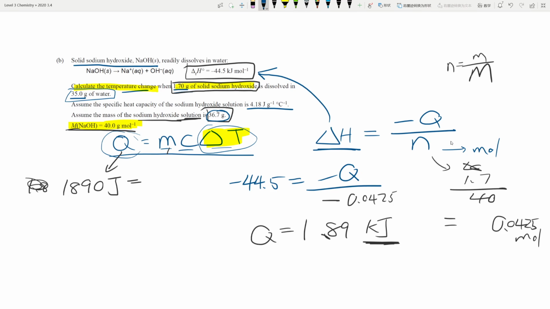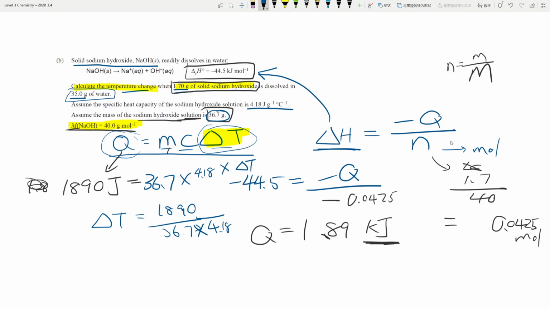So 36.7 times C, which is 4.18, times delta T. So delta T is calculated using 1890 divided by 36.7 multiplied by 4.18, and then you should get 12.3 degrees Celsius. Okay, so it's just math, just working backwards.